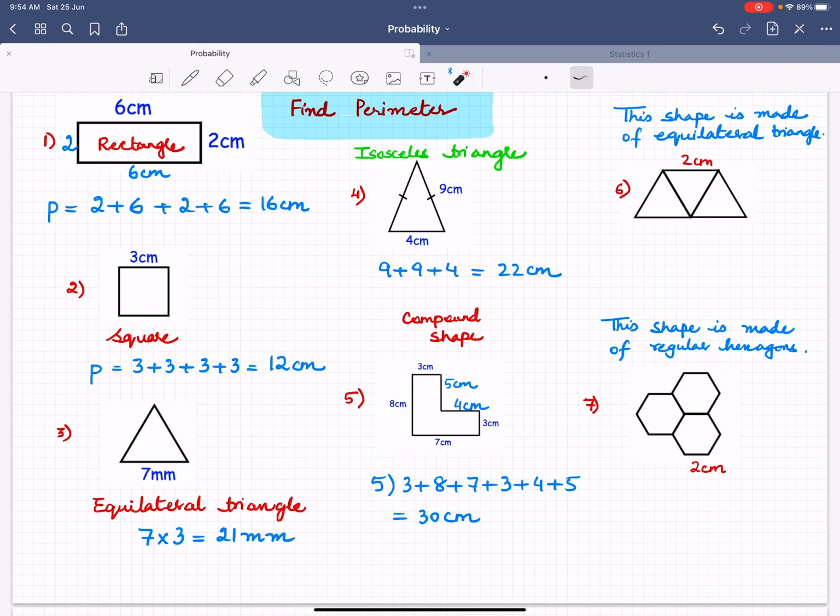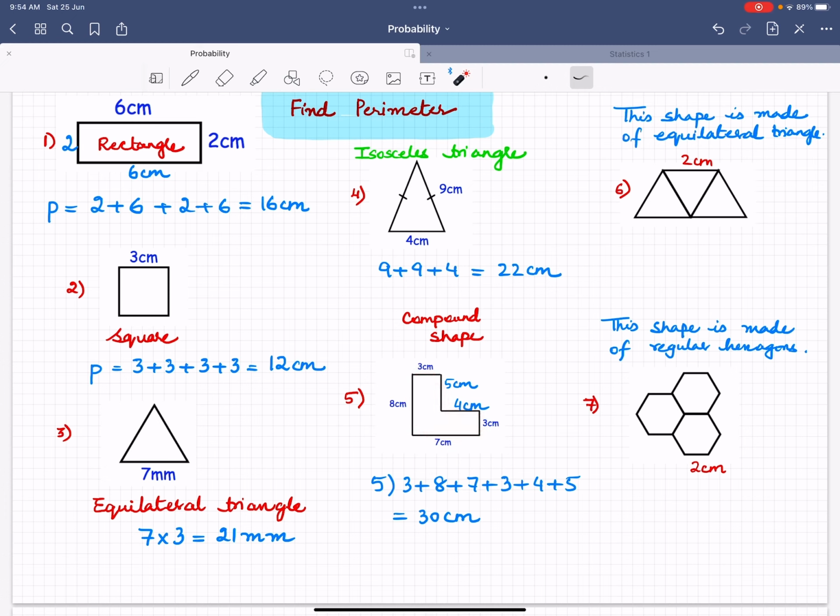When we calculate the perimeter of a shape like this, it is always best to go in order so that we do not miss out on any length. So I started with 3 and then 8 and then 7 and then 3 and then 4 and then 5. So I know for sure I haven't missed out on any length.